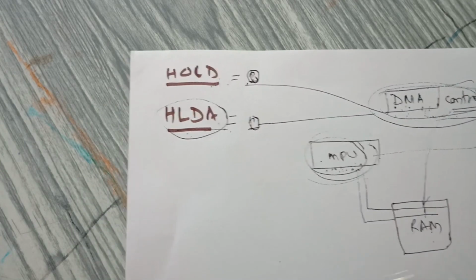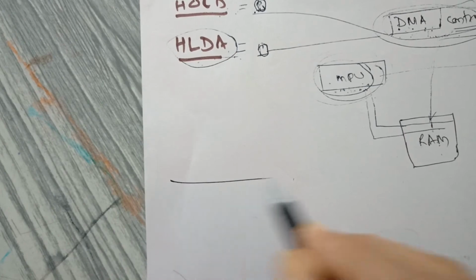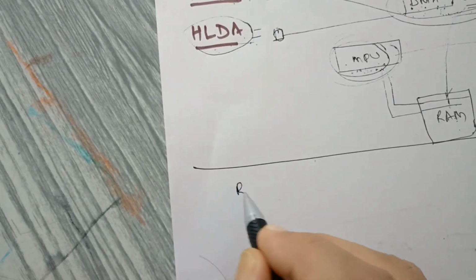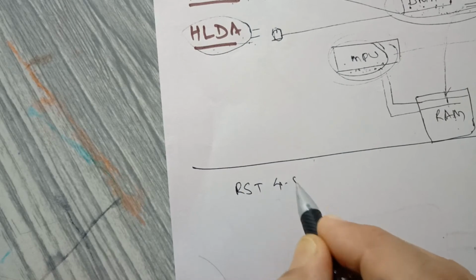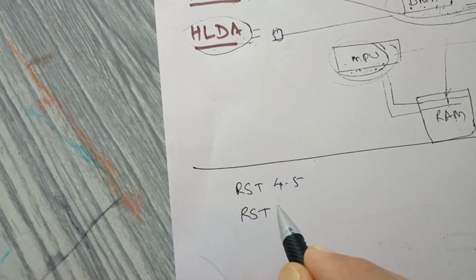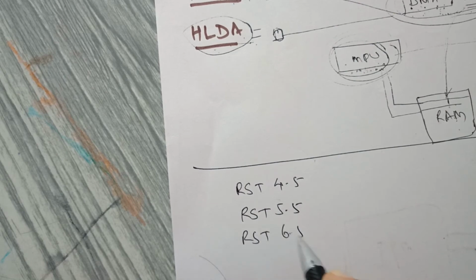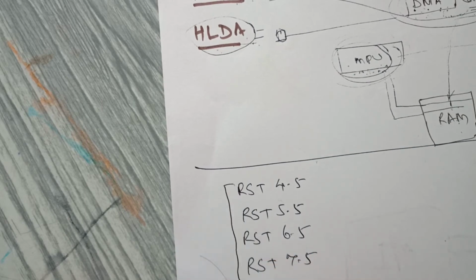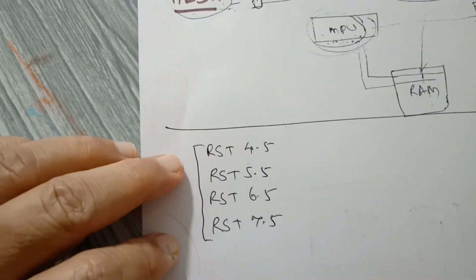Then we have some interrupt pins, that is RST 4.5, RST 5.5, RST 6.5 and RST 7.5. These are interrupt pins.